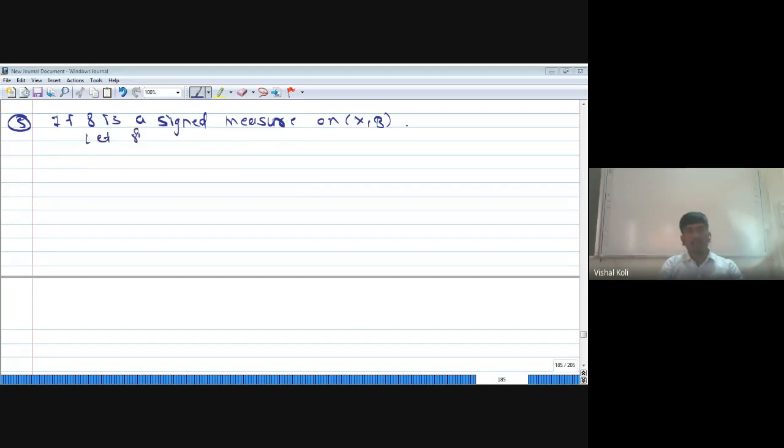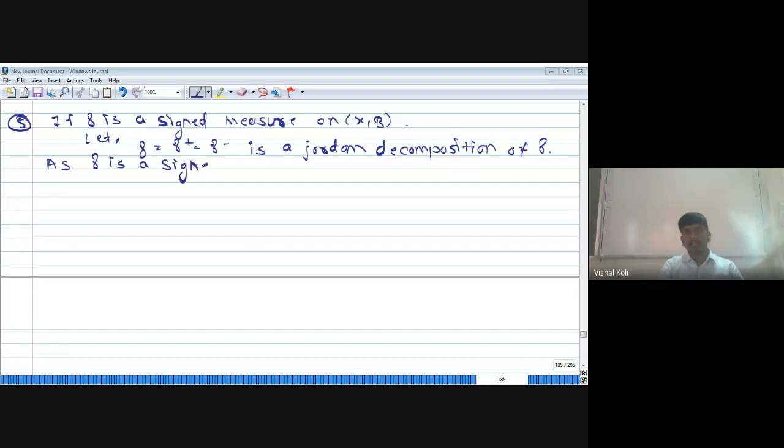So let gamma equal to gamma plus minus gamma minus be a Jordan decomposition of gamma. But as here gamma is a signed measure, it assumes at most one of the values plus infinity or minus infinity.